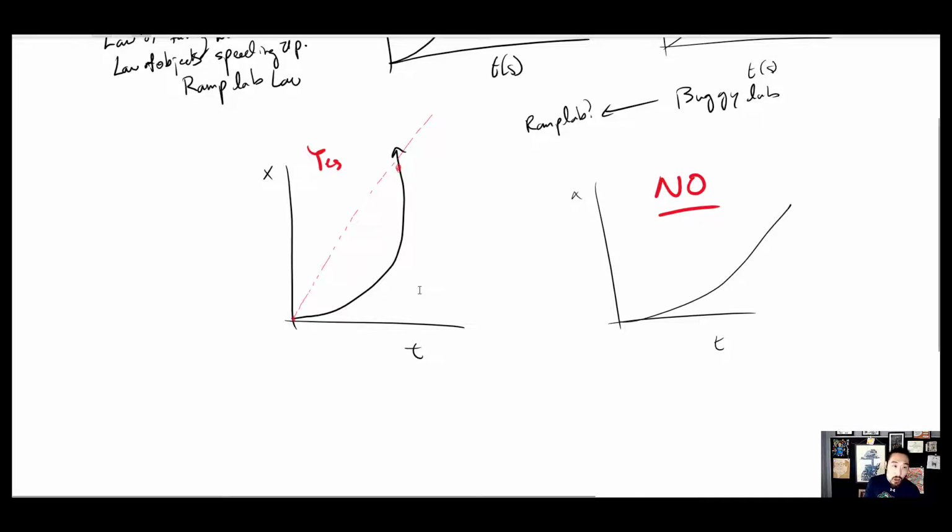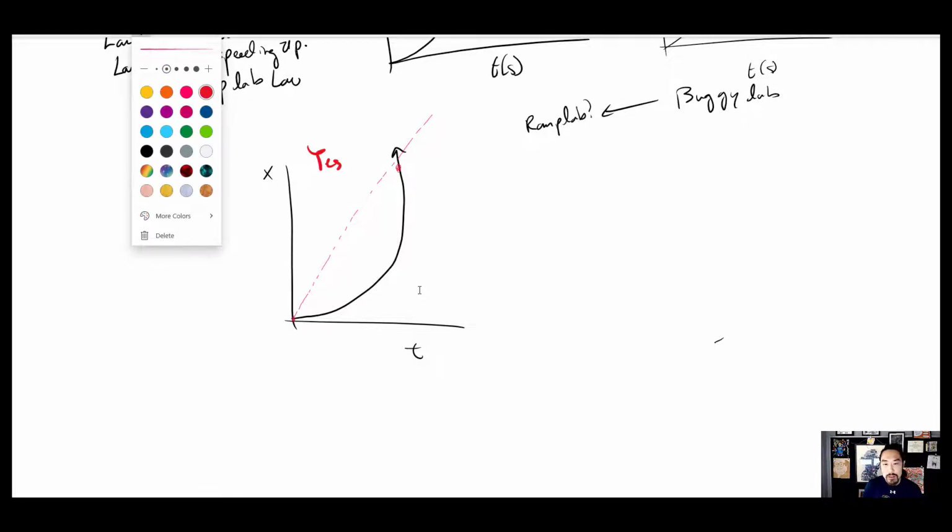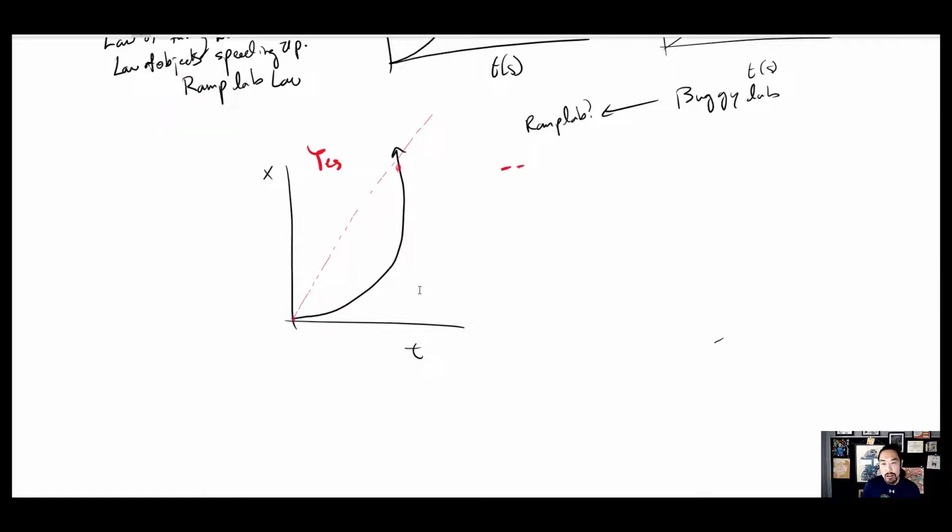Hopefully you're picking up what I'm putting down, and you're thinking to yourself, well, of course, Mr. Lee, that is the line that we got from the buggy lab. If you said that, you'll be correct. So we can say that this is the buggy lab, right? So we got the linear line.